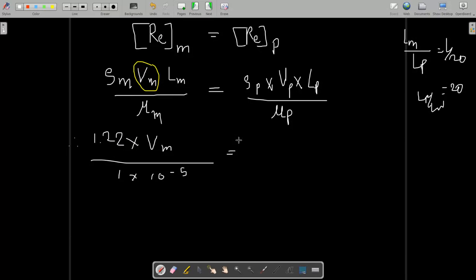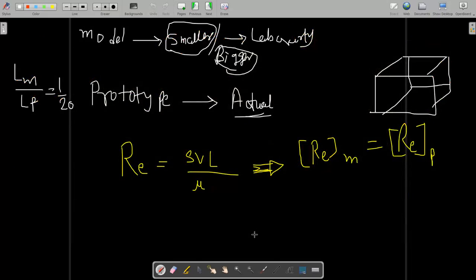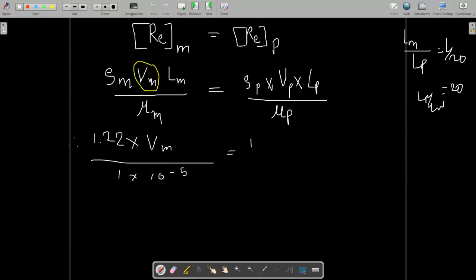So what is the density of the sea water? That is 1025, it is given. And velocity of prototype, that is 14 kilometer per hour. Here I am not converting in SI unit, meter per second, because our final answer is required in kilometer per hour. Okay, so no need to convert.